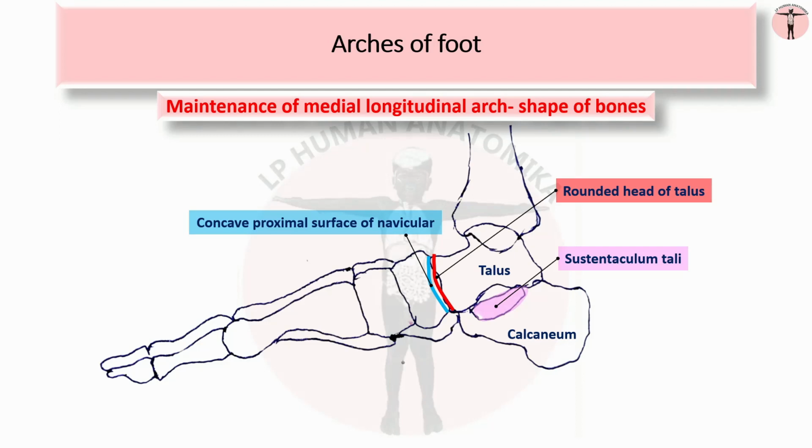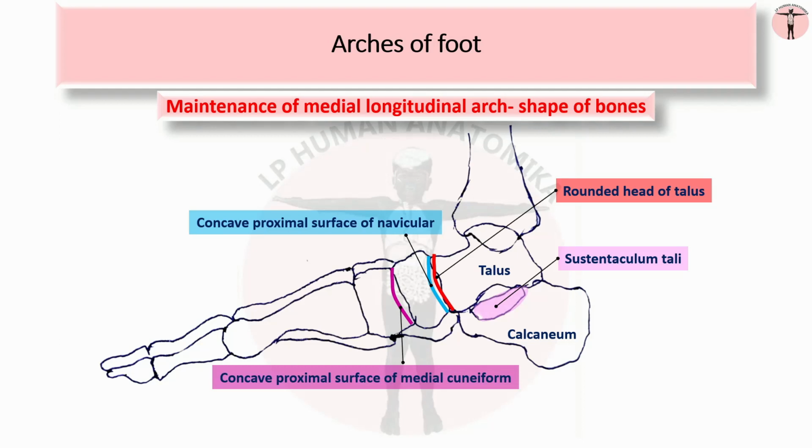The slight concavity of the proximal surface of the medial cuneiform bone articulates with the convex distal surface of the navicular bone. The rounded head of the talus is the keystone in the center of the arch.